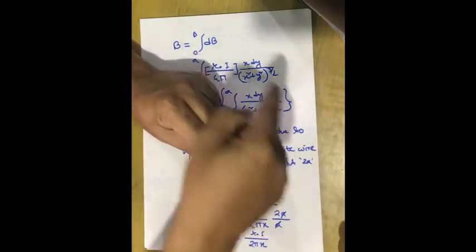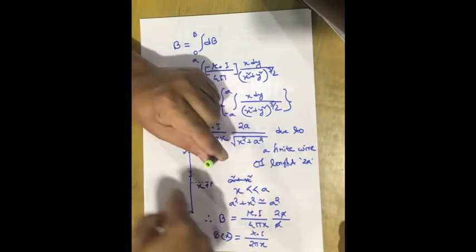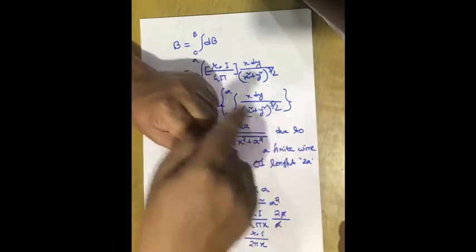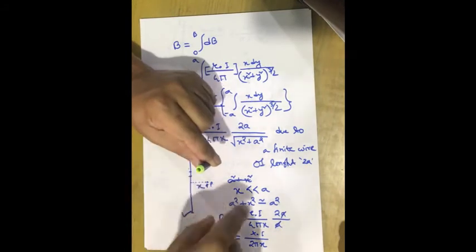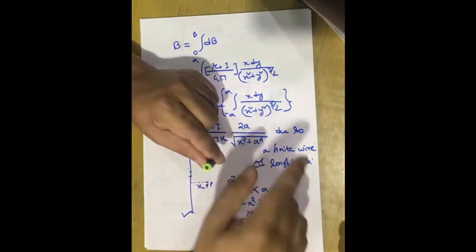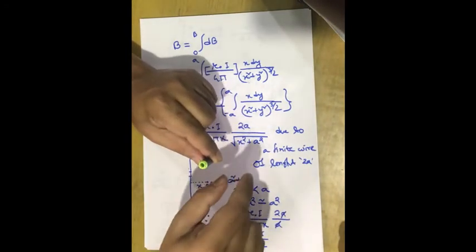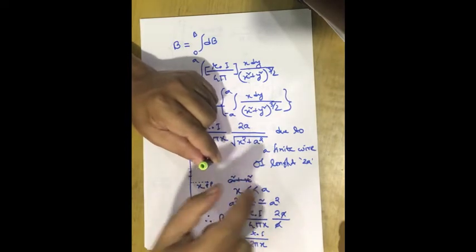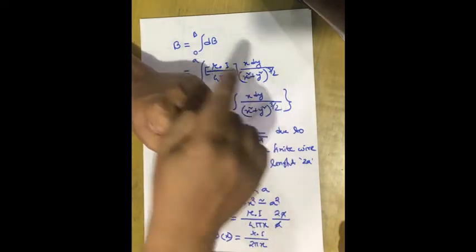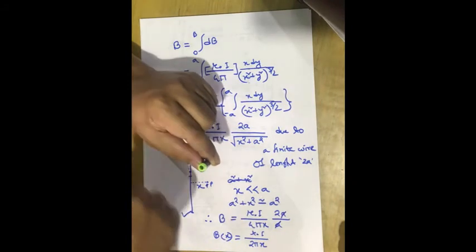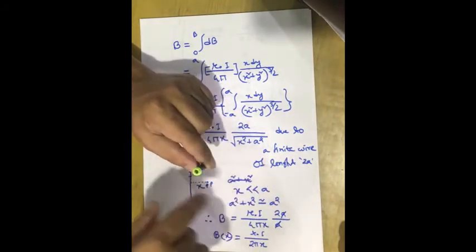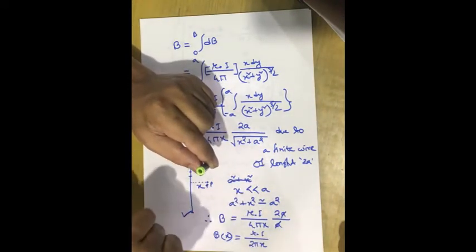So the value of the magnetic field around the wire will be the same if the distance x is the same. So if you imagine a circle of radius say 1 meter around the wire, then the magnetic field at each point along the circumference of that circle will be the same.